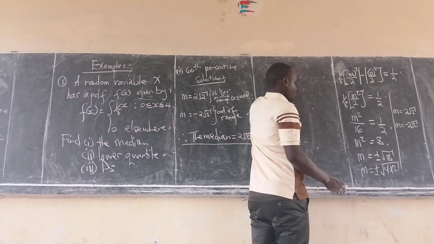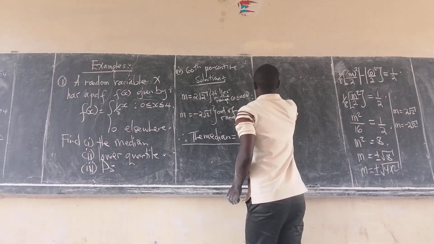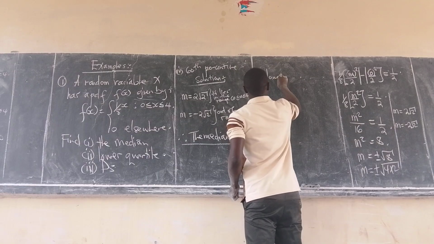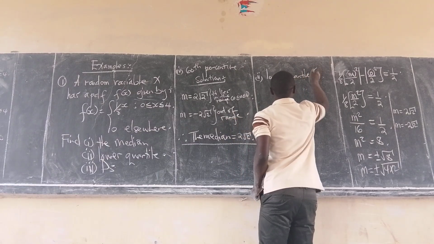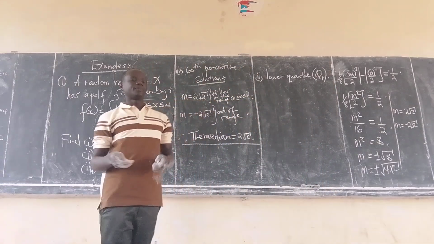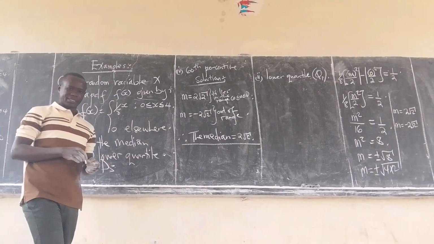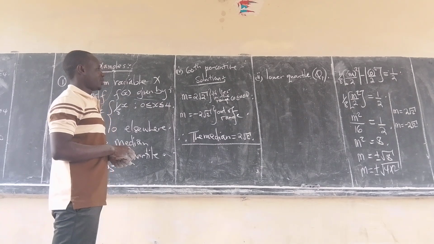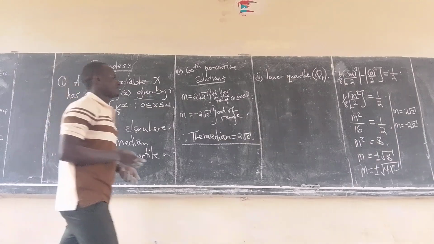Then Roman 2. So Roman 2 wants us to generate the lower quartile. So we said when we were introducing this, that the lower quartile is denoted by Q1, and that interval given.